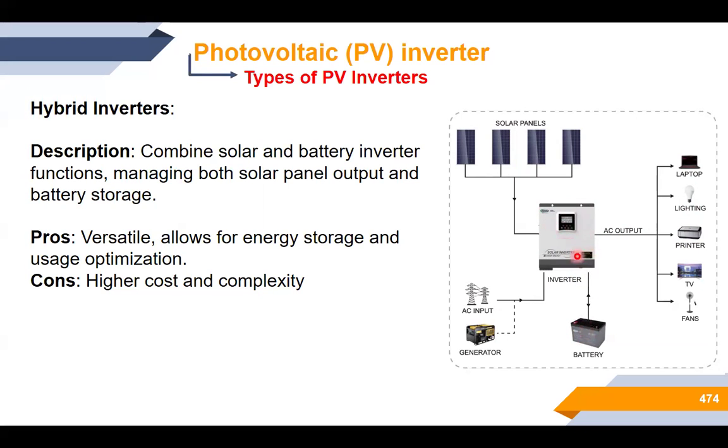These batteries can be used if we want, for example, to have an off-grid PV system with a regulator. In the hybrid inverter, we have both functions: converting DC current to AC current and managing the charging of the batteries.